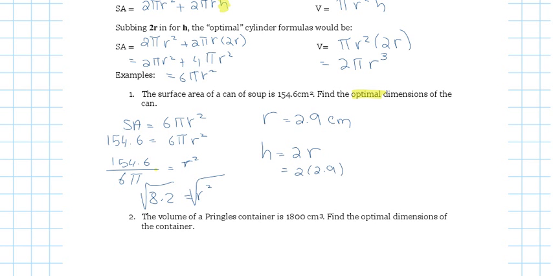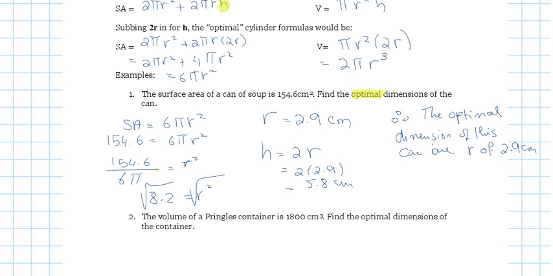So therefore, the optimal dimensions of this can are a radius of 2.9 centimeters and a height of 5.8 centimeters.